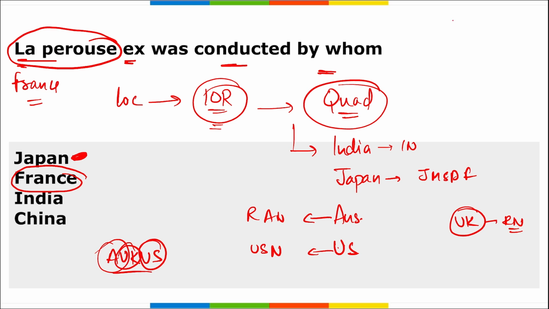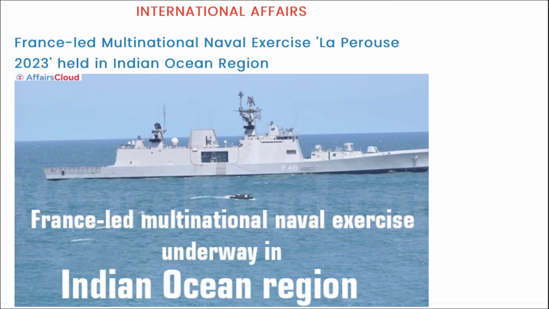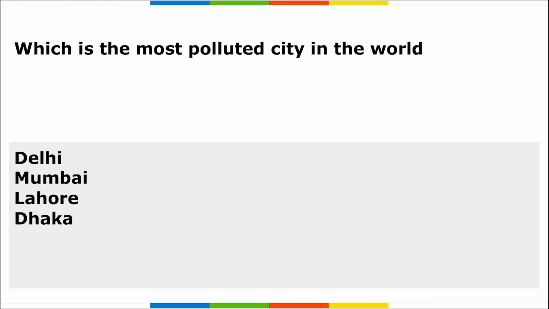Apart from this, from Indian side, remember it was your INS Shadri and INS Jyoti took part in this particular La Perouse that was in Indian Ocean region. Next is also same, that is France led multinational naval exercise La Perouse 2023 in Indian Ocean region.